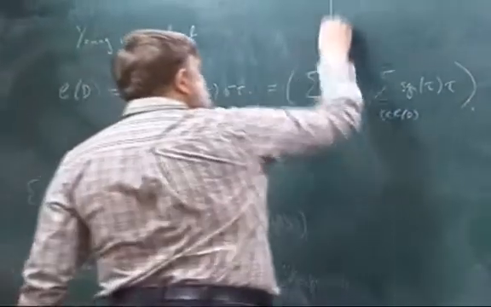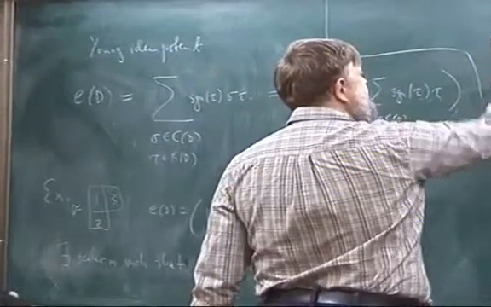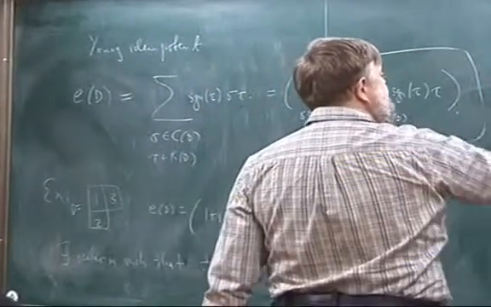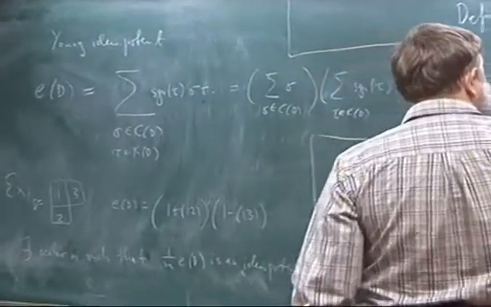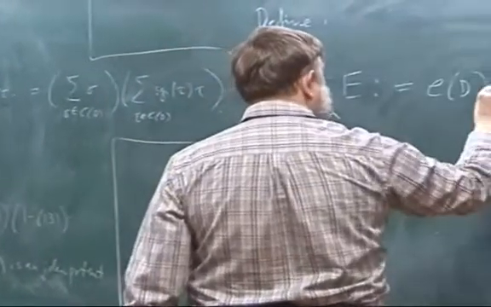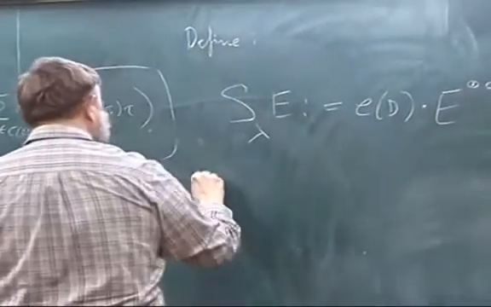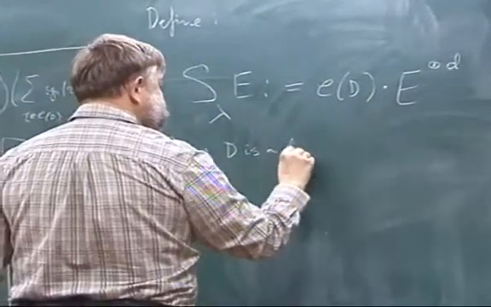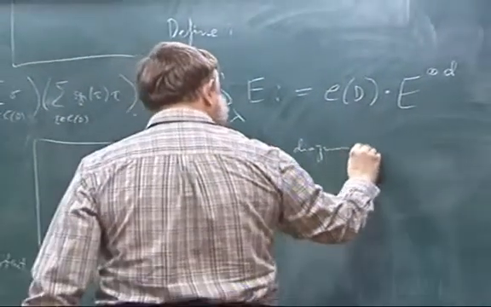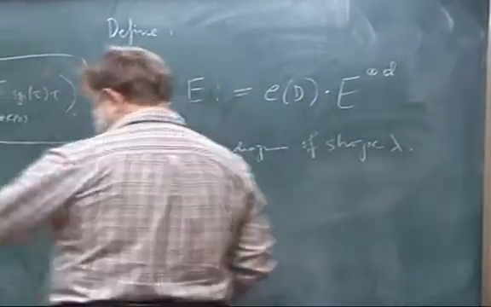And therefore we define S lambda E to be E of D times E tensor d, where D is a diagram of shape lambda, like here.